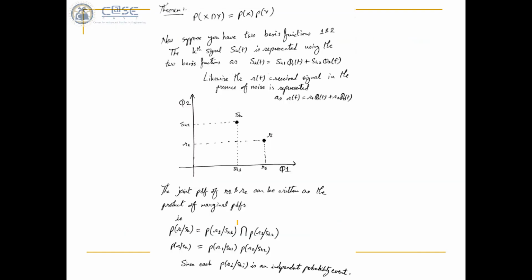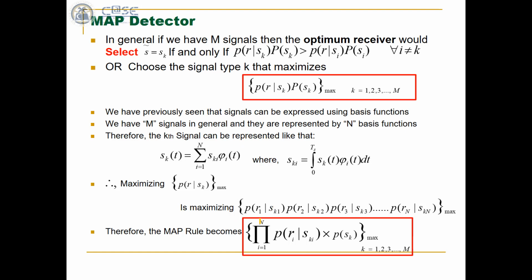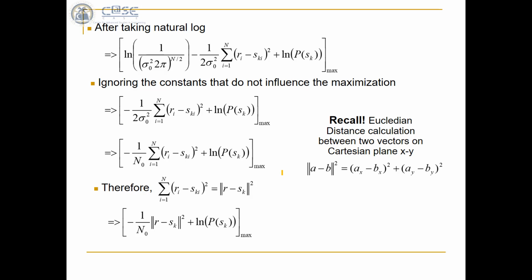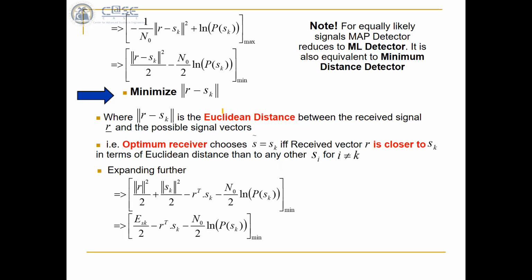In the next step, we substituted these probabilities in this maximization rule and solved and simplified this maximization rule in the next few steps. It turned out that the maximization rule becomes the minimization rule if it is expressed in this form, in which R and Sk are the two vectors, and this representation is nothing but taking the Euclidean distance between these two vectors.